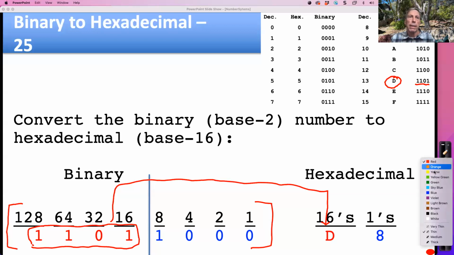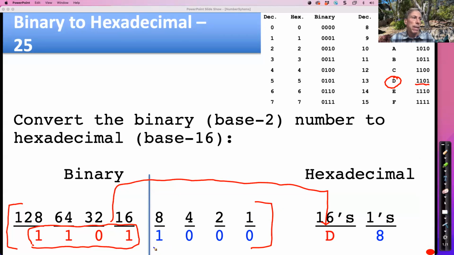Okay, next, let's take a look at these next 4 bits. Okay, and 1000, where's that? Oh, here it is. And what is that in hex? It's an 8. So let's just take that, and we have that.